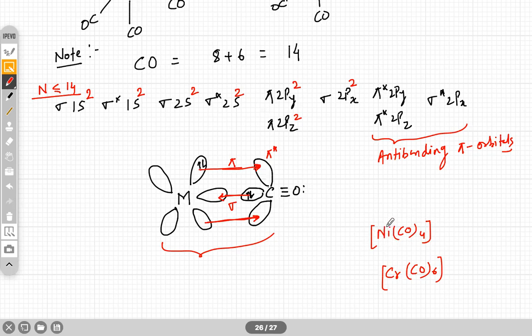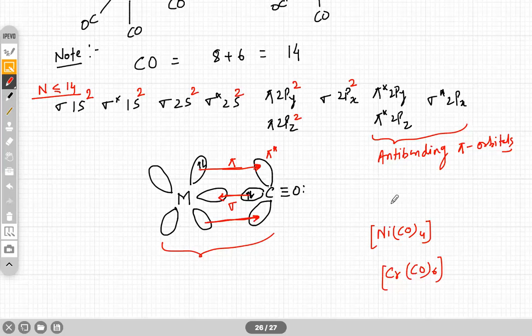Nickel, what is the atomic number of nickel? 28. Four ligands, 4 into 2, 8 electrons it provides. 28 plus 8, 36. It is stable without any charge only. Sir, but what if it's something else, like you had given examples like V(CO)6?